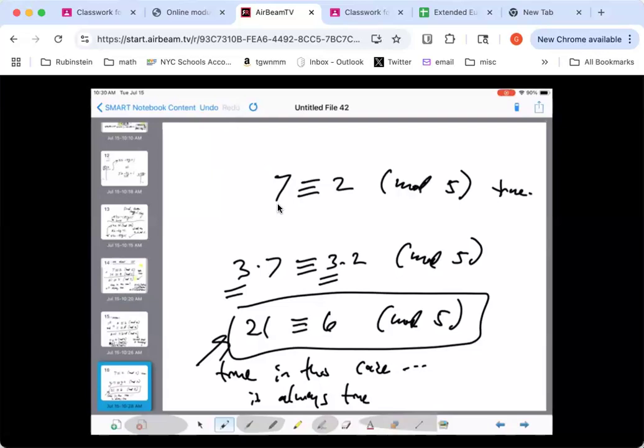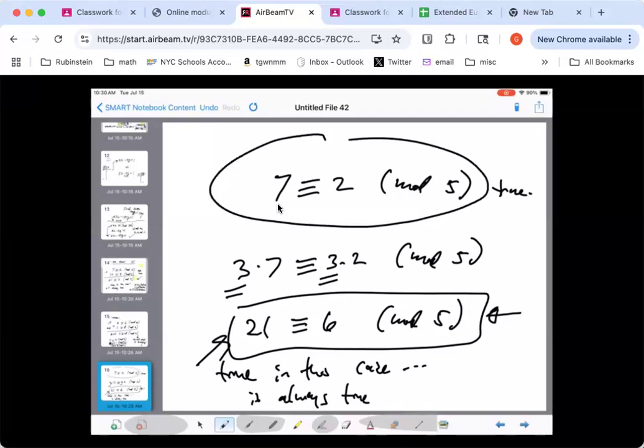Maybe, Tammy, do you want to say just in this case, did it end up being true? Like I multiplied both sides of 7 is congruent to 2. Did I end up with a true statement again, or is that false now? I believe it is true first because 21 divided by 5, I don't think the remainder is going to be 6. No, it doesn't have to be. As long as when you divide 6 by 5, you get the same remainder as you got when you divided 21 by 5, then it's true.